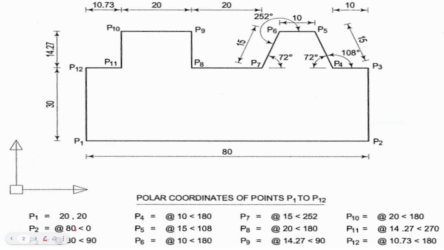And similarly, if I write for P3, P3 is represented with respect to P2 because it is relative. So I'll be representing at the rate the distance. You can see the distance P3 to P2 is 30.